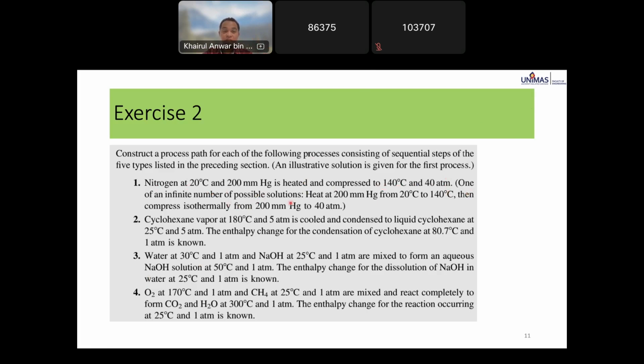One of an infinite number of possible solutions, because there are many solutions for this, is to heat the 200 mmHg from 20 to 140, then compress isothermally from 200 mmHg to 40 atm.